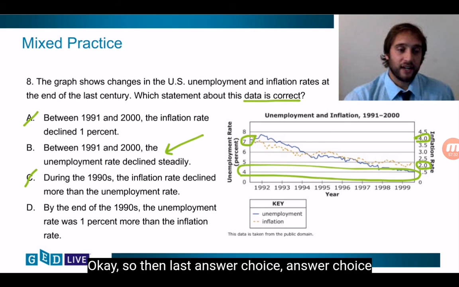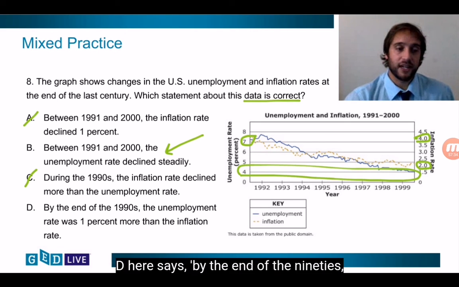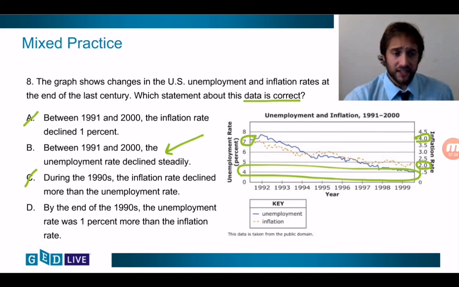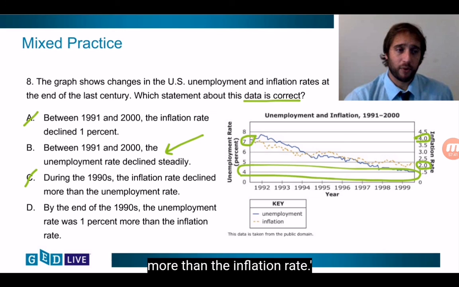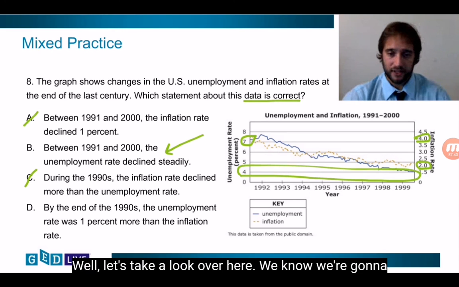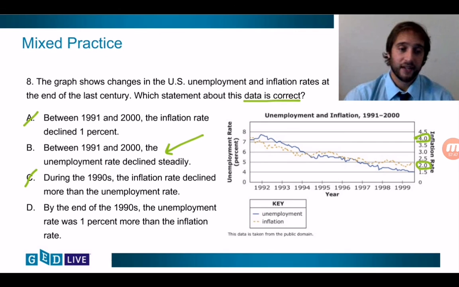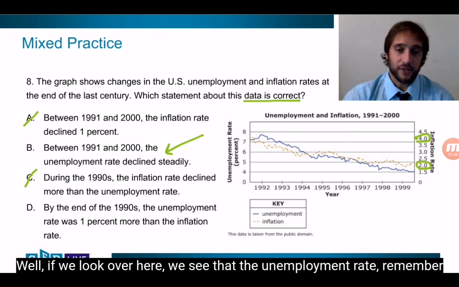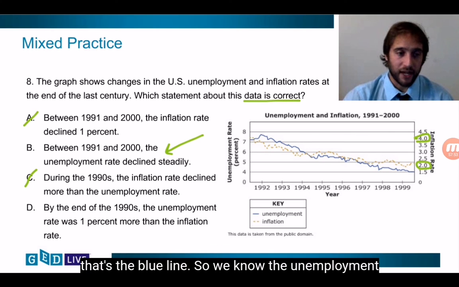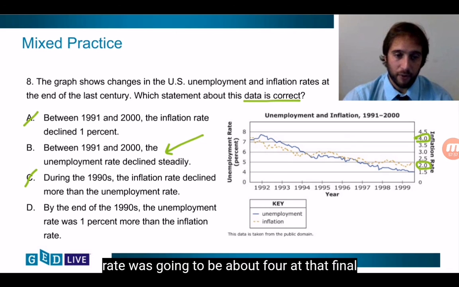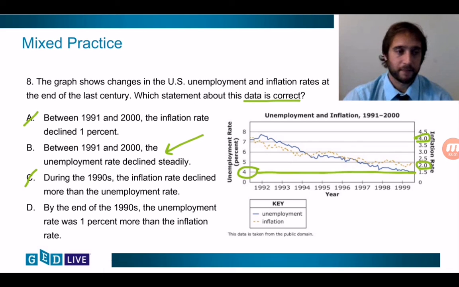Okay, so then last answer choice D here says, by the end of the 90s, the unemployment rate was 1% more than the inflation rate. Well, let's take a look over here. We know we're going to have to think about both of these elements now. If we look over here, we see that the unemployment rate, remember that's the blue line, was going to be about 4 at that final data point at the end of the 90s.